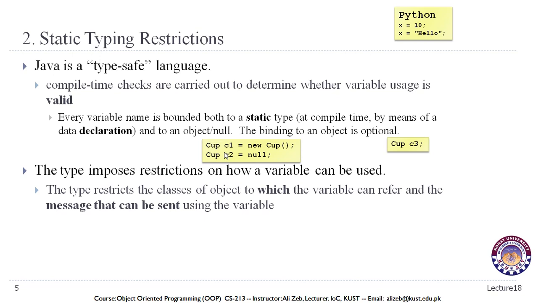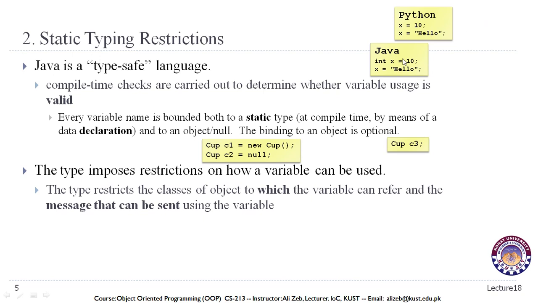This might be different from some languages like Python, where when we declare an object and initialize it with one value, we can change the value of that variable at runtime. For example, we can assign a different value to the exact same variable x, which has been initialized to an integer value, and now we are assigning a string value to the same variable x. But we cannot do this in Java.